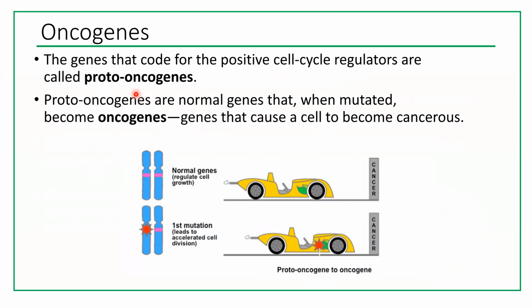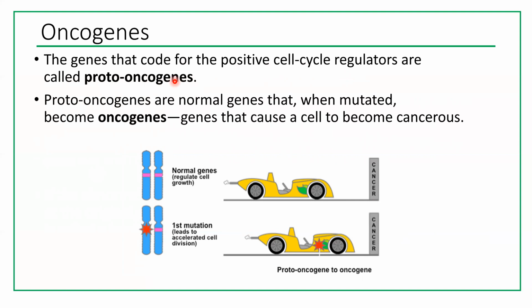So here's those genes. In your normal cell, so a person without tumor, without cancer, we do have proto-oncogenes. Yeah, this sounds already scary, proto-oncogenes, but those are normal genes, right? They code for positive cell cycle regulation. So they promote cell division.